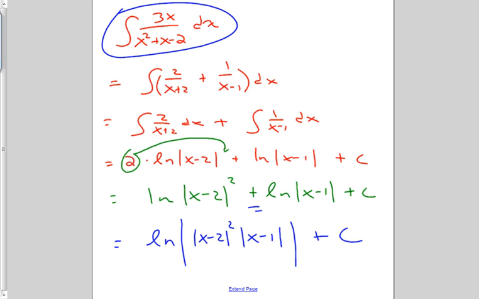But now using these partial fractions, we're able to take a difficult fraction, split it into two partial fractions, which are both integratable.